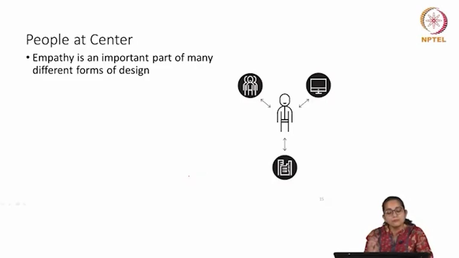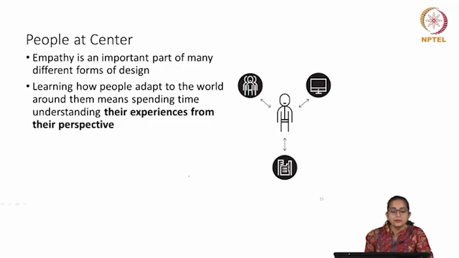Empathy is an important part of many different forms of design, and learning how people adapt to the world around them means spending time to understand their experiences from their perspective. So this is very important.